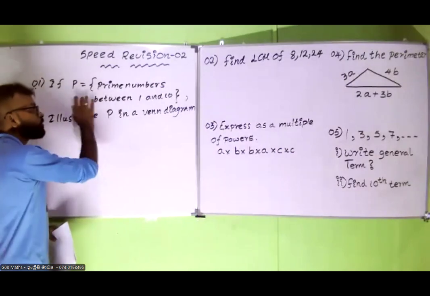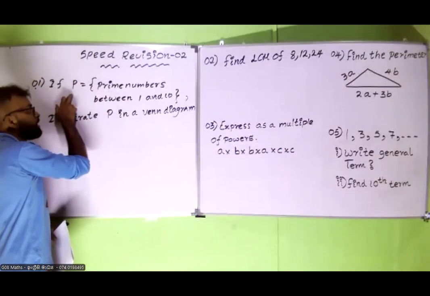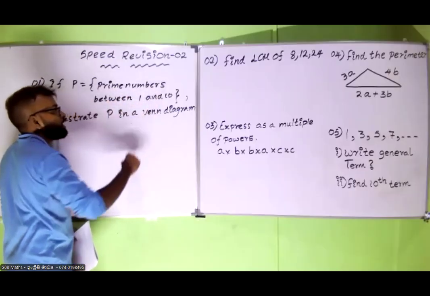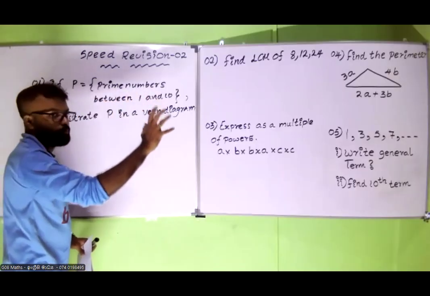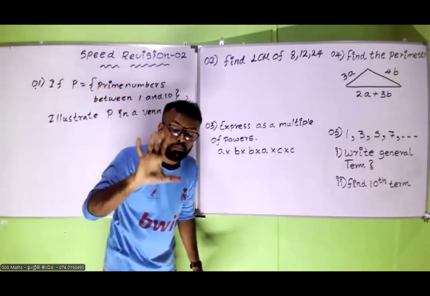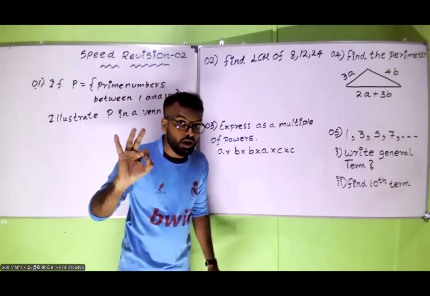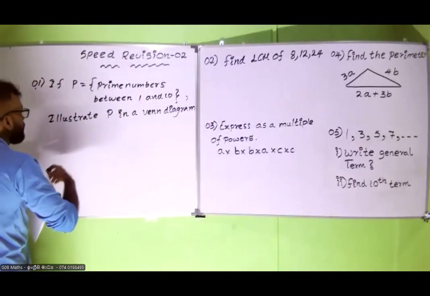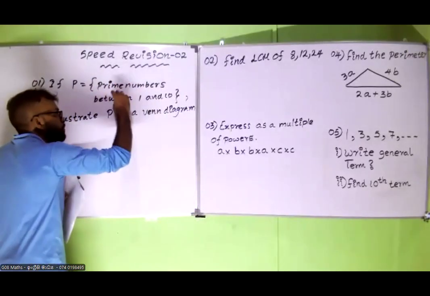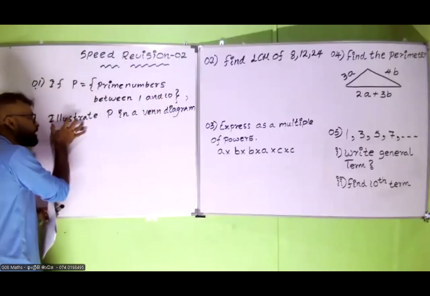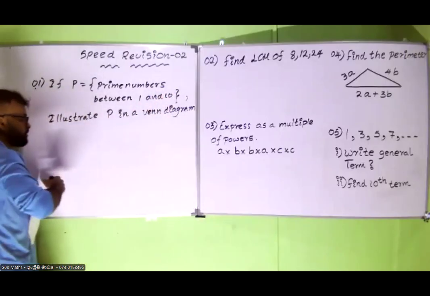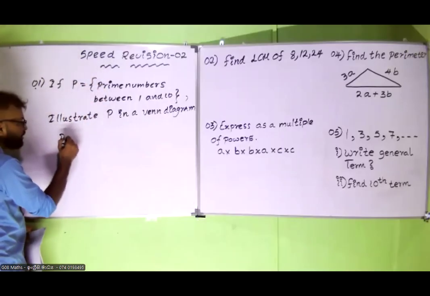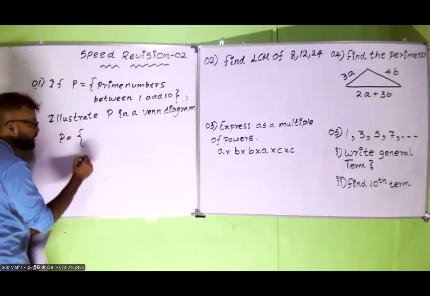So now this is from sets. If P equals prime numbers between 1 and 10. Prime numbers, not odd numbers, but prime numbers. They are saying prime numbers between 1 and 10, illustrate P in the Venn diagram. So first of all, I can write P equals open curly bracket.